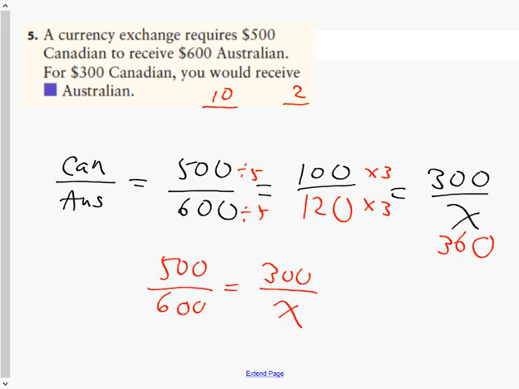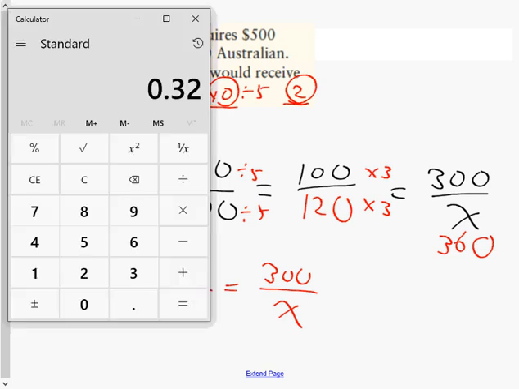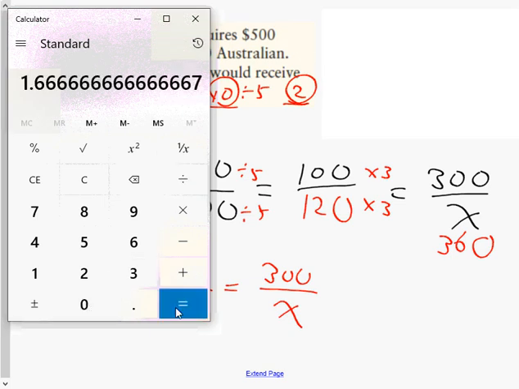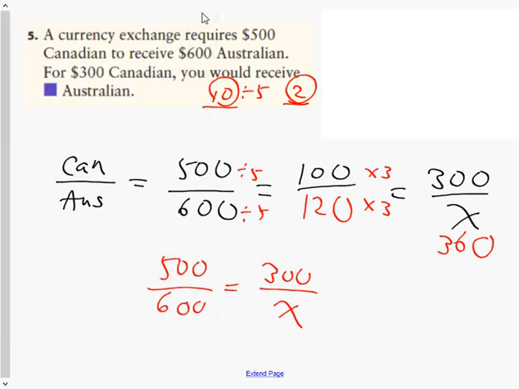How do I get what I divided it by? I can take this number divided by this number will tell me this number here, correct? So therefore, 500 divided by 300 tells me 1.6 repeating. So once I see that, I'm like, oh, that's going to be really tough to work with. So I don't like that method.